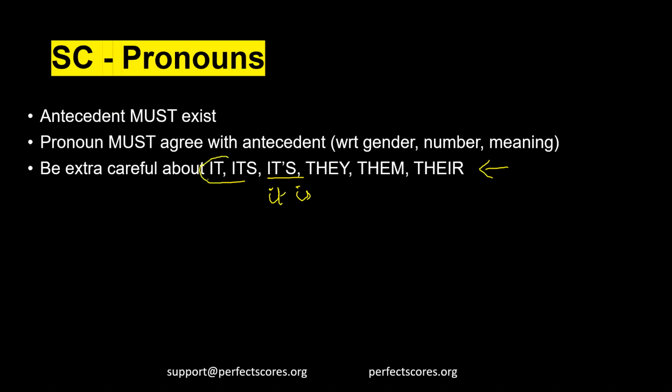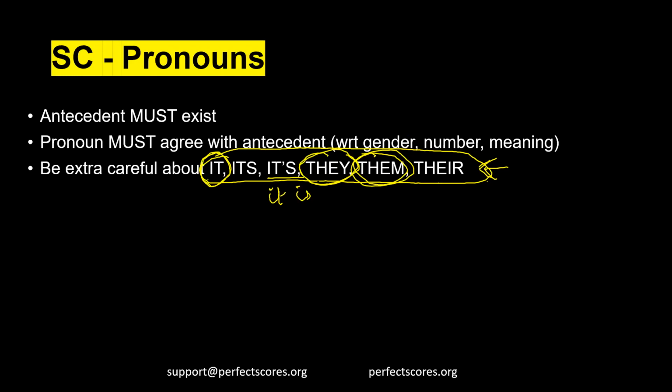Whenever you see any of these words in the underlined part of the sentence, you need to be very careful, and there's a very huge chance that these pronouns are being tested, because these are the pronouns which lead to errors most of the times, especially it, they, and them. These three are really dangerous pronouns, and whenever you see them in the underlined part of the sentence, most probably they are being tested.